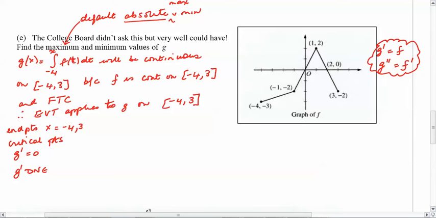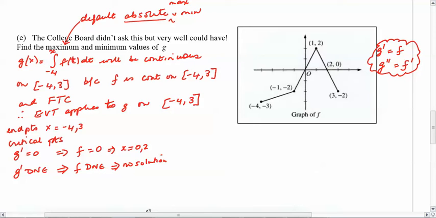All right, so G prime equals 0 means F equals 0. And let's have a look. I've got the graph of f. Where does f equal 0? F equals 0 at x is 0 and 2. G prime doesn't exist? G prime is f. F doesn't exist? Well, there's no solution there because f has perfectly good y values everywhere between -4 and 3.